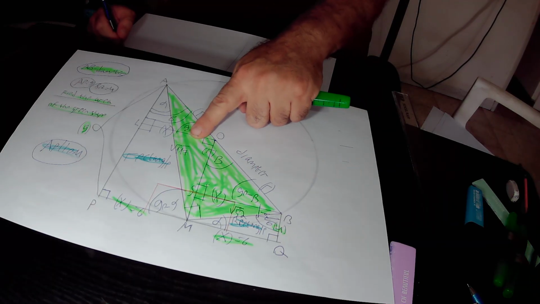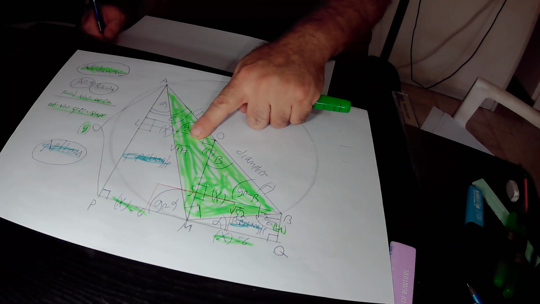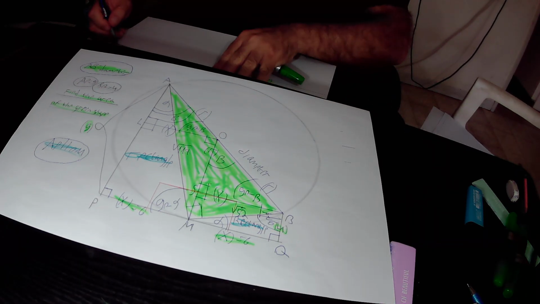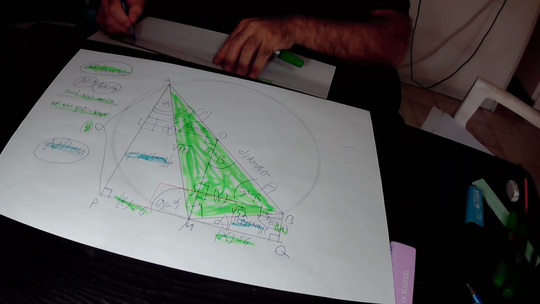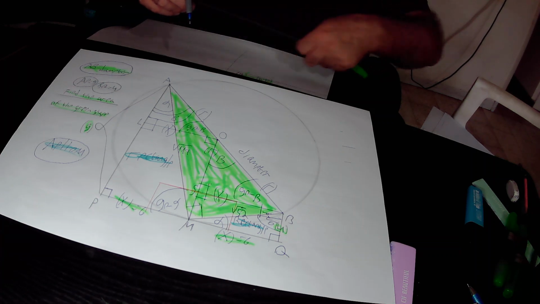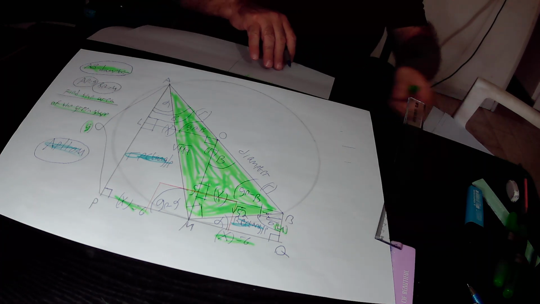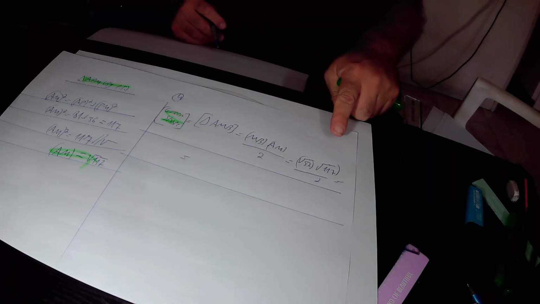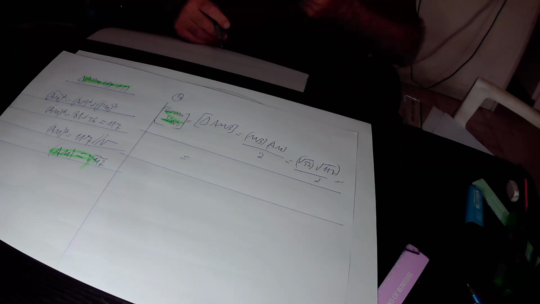AM equals the square root of 117 units in length, divided by 2. So in total, the area of the green shape is equal to the square root of 52 times the square root of 117 over 2.